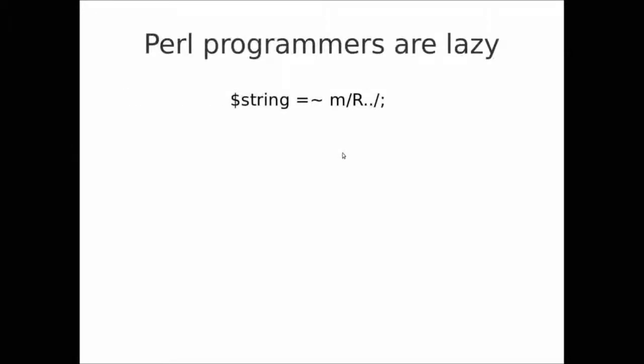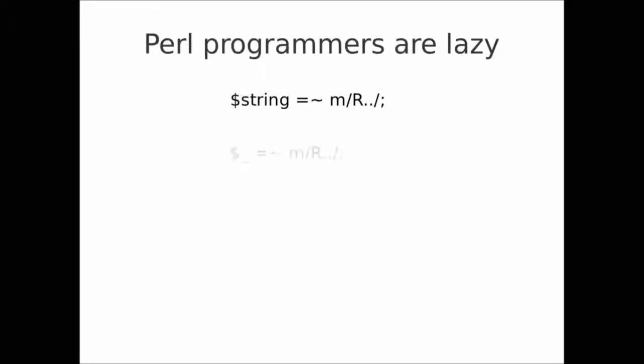As I've told you many times, programmers are lazy. And so we often type something like this. We have a string and we want to match some particular set of characters. So for example, here we're matching an R followed by 2 other characters. As I've also told you in a previous lecture, in Perl, if you forget to provide a scalar where one's needed, Perl will just automatically use $_.